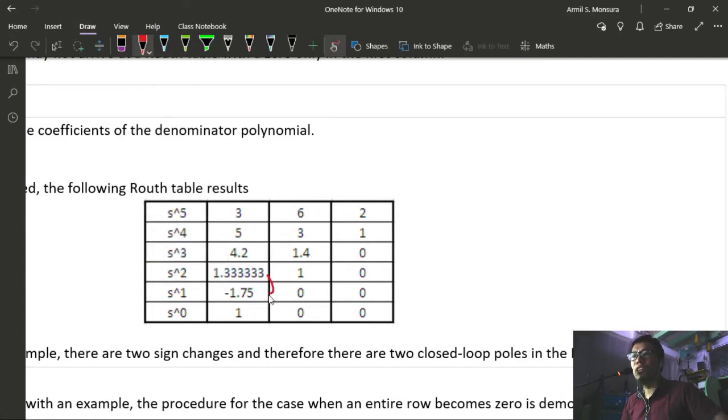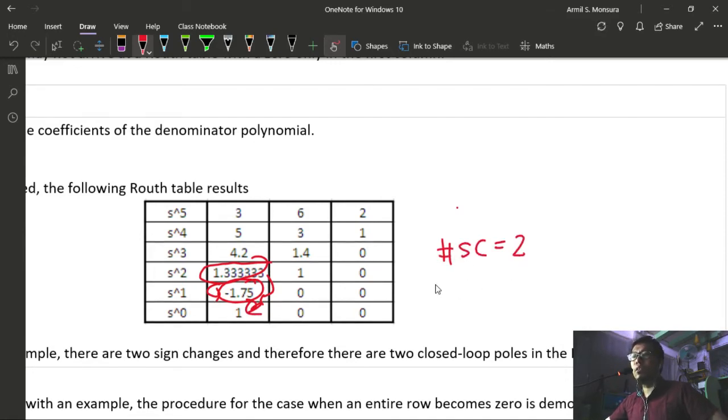Okay, so this one, and this one. So there are 2 sign changes, from here to here, and then from here to here. So the number of sign changes is still 2.